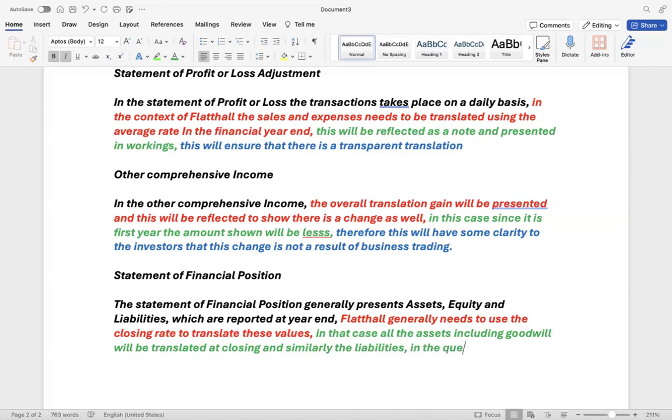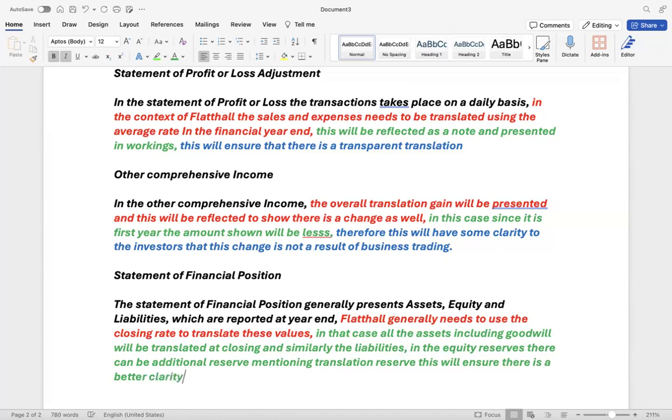In the equity reserves, there can be additional reserve mentioning translation reserve. This will ensure there is a better clarity.